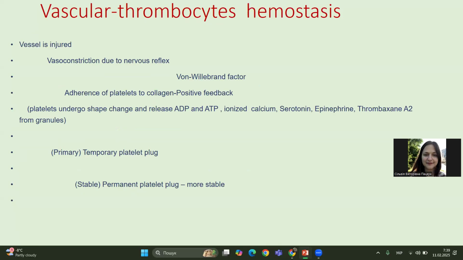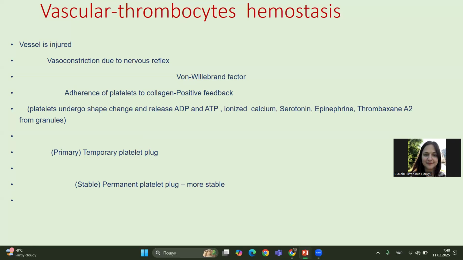Vascular thrombocyte hemostasis: the vessel is injured, vasoconstriction due to nervous reflex occurs, activation of von Willebrand factor, adherence of platelets to collagen, positive feedback. Platelets undergo shape change and release ADP and ATP, ionized calcium, serotonin, epinephrine, thromboxane A2 from granules.